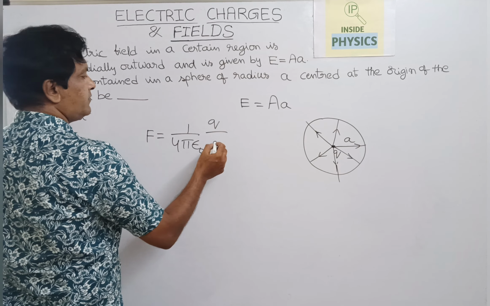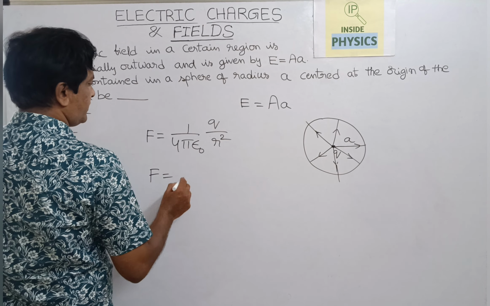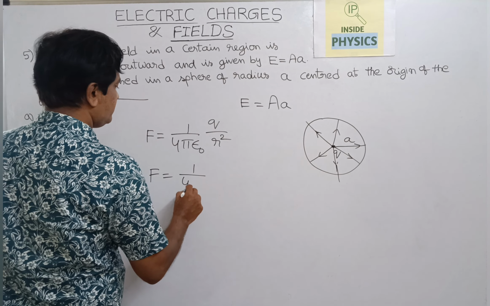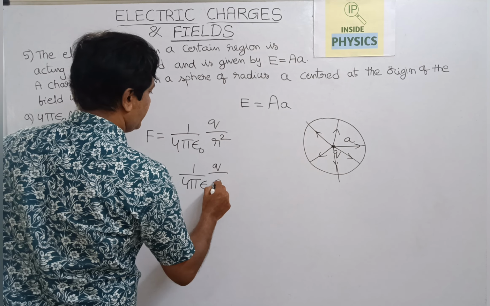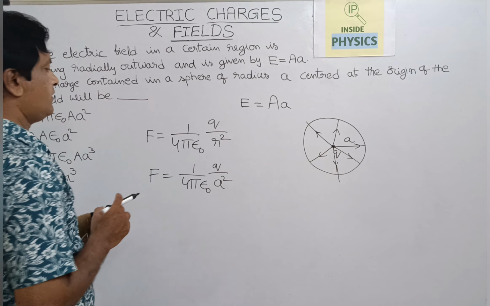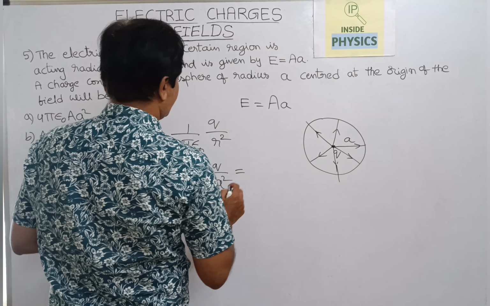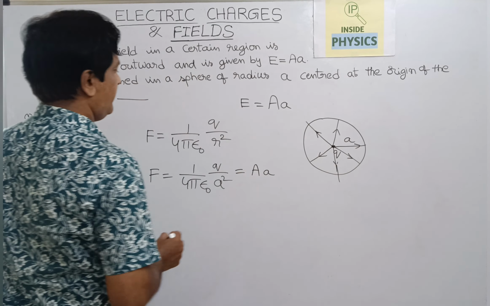Here R is small a, and the electric field due to this charge is nothing but 1 by 4 pi epsilon naught Q by a square. Okay, so this is equal to the field given as A into small a.